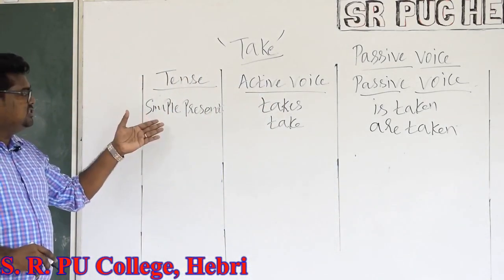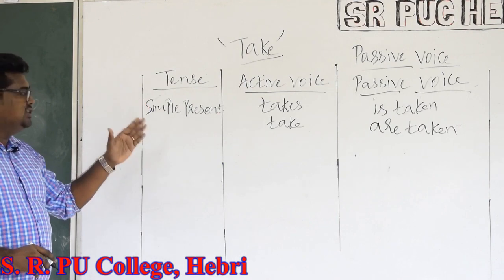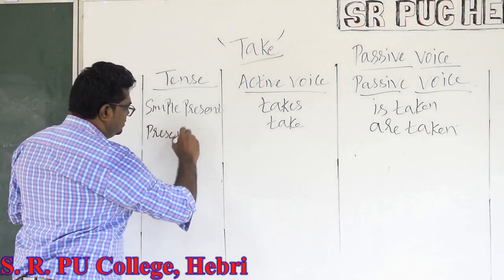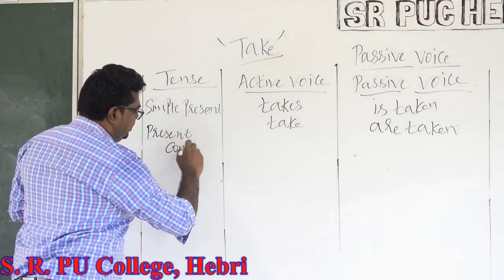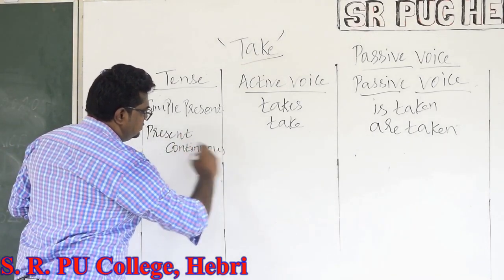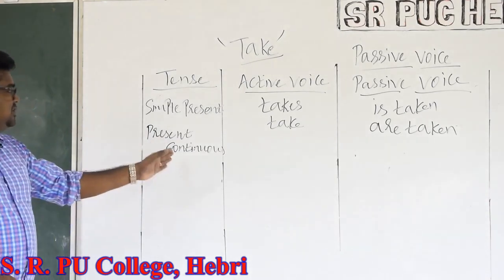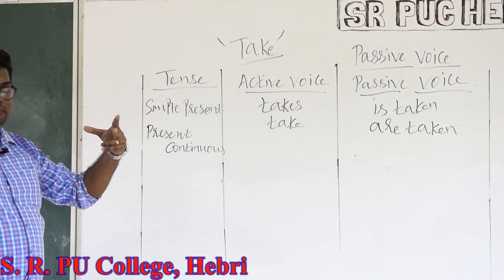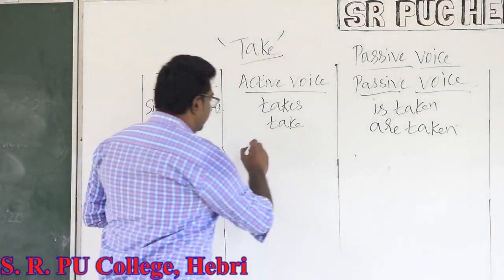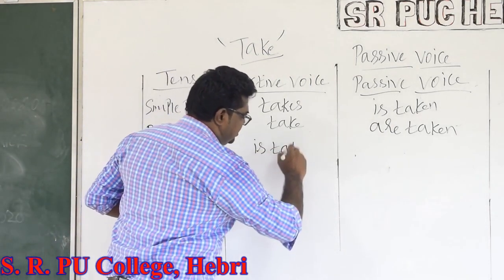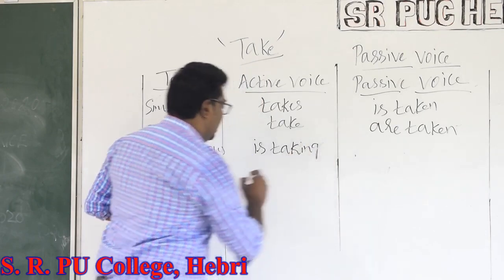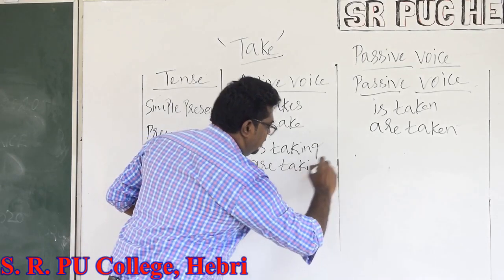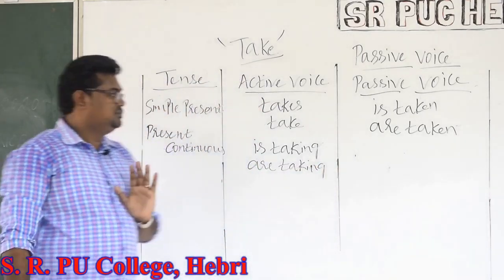The next tense under present tense is called present continuous tense. Under present continuous tense, the word take will have 2 forms: taking if the subject is singular, and are taking if the subject is plural.